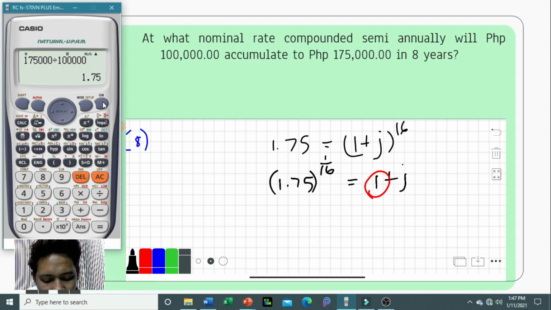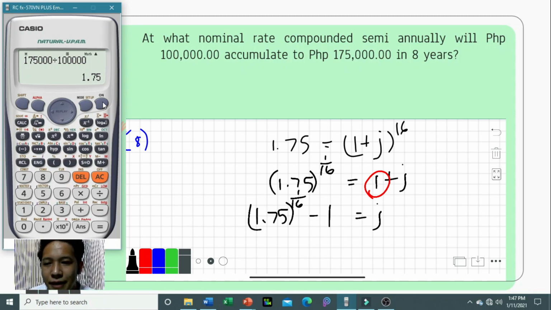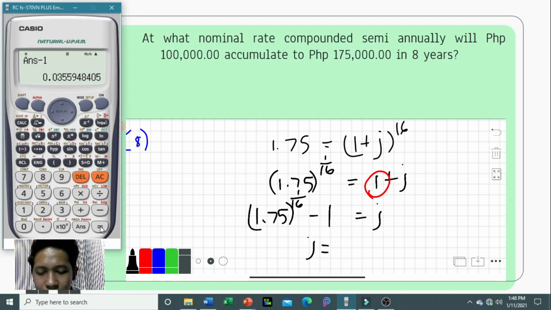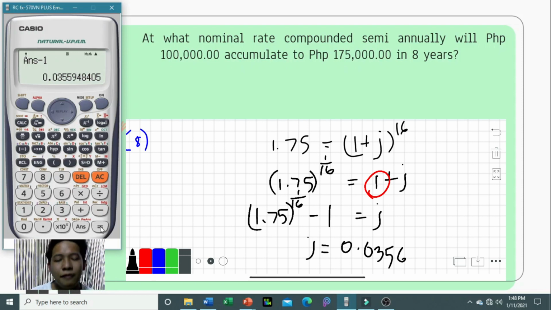So, meaning, the value of J would be 1.75 raised to 1 over 16 minus 1. Okay po? So, ito po yung magiging value ni J, and that would be equivalent to 0.0356, rounded off to the nearest 10,000th. And this will be the value of J.